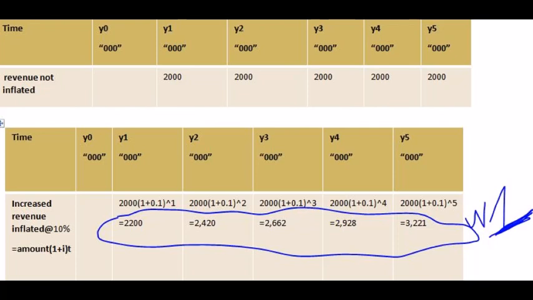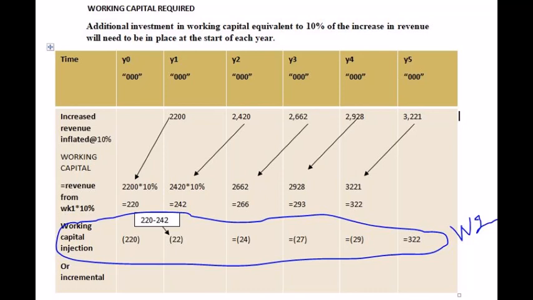For working 2, we are going to look at the working capital required. In our question they said that additional investment in working capital is equivalent to 10% of the increase in revenue, needed at the start of each year.